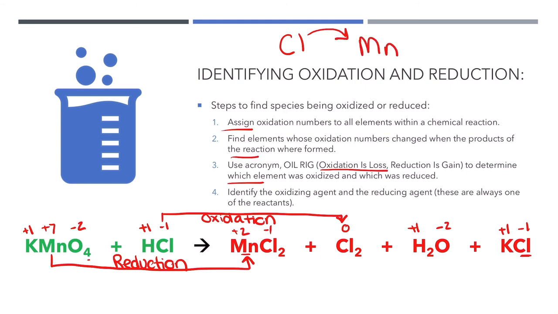Manganese is reduced, which means it's gaining electrons. And the reason we say that it's reduced because it's gaining electrons is because it's gaining negative charge and its charge is going down with every negative charge it pulls in. All right, so its charge is being reduced by pulling in all those negative electrons.